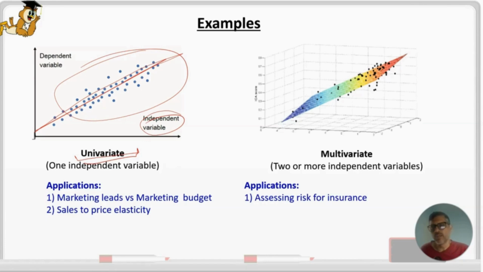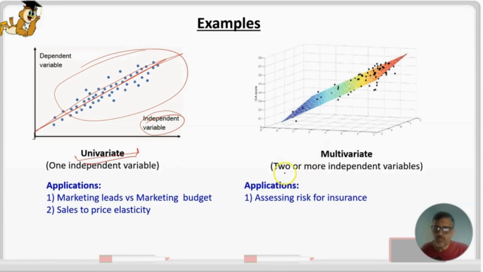You would expect that your sales leads would go up perhaps linearly as you increase the marketing budget. Or sales to price elasticity. You could imagine that the sales would go down as you price your product higher and higher, and perhaps there is a linear relationship between the sales volumes and the price at which you price your product.